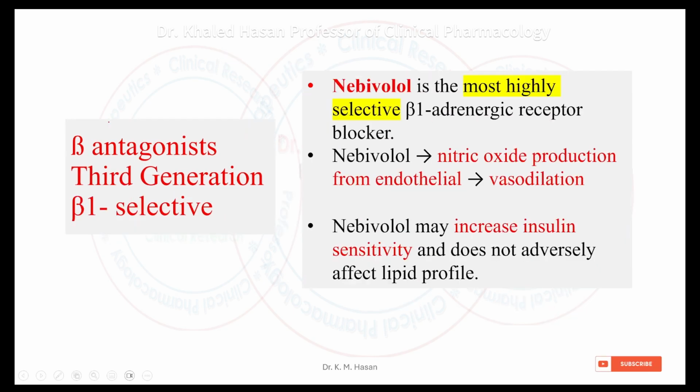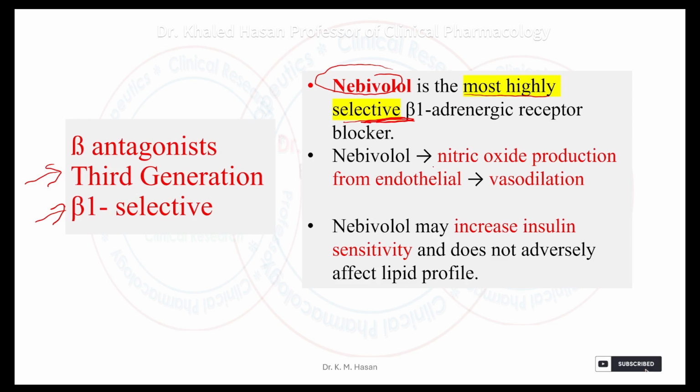Moving to the selective beta 1, third generation selective beta 1. We need to focus on the main medication, nebivolol, the most highly selective beta blocker. Okay, nebivolol, the most highly selective beta 1 blocker.